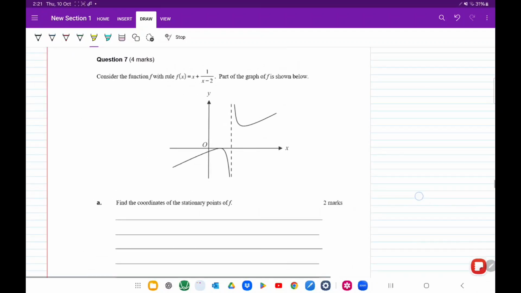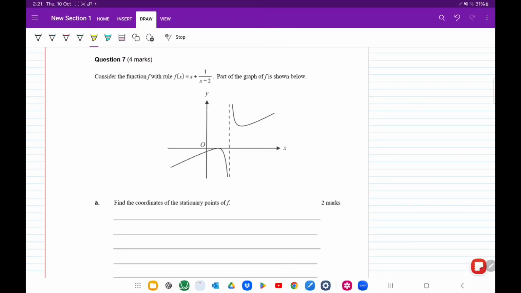Alright, question 7. It's asking for the stationary points of this graph. Now, to find the stationary points of this graph, we want to find where f dash of x equals 0. Let's rearrange this equation such that we've got f of x is equal to x plus (x minus 2) to the power of negative 1. And then we can use the chain rule, or we just need to make sure we're careful with it.